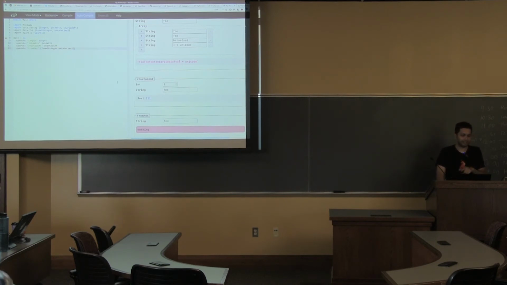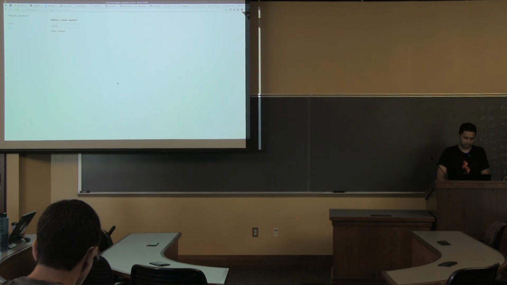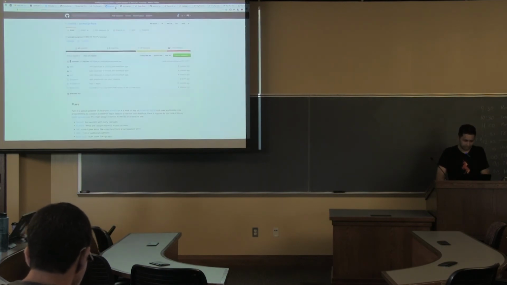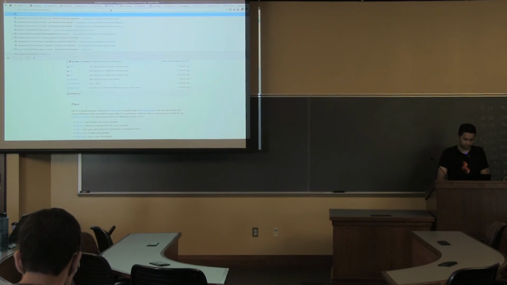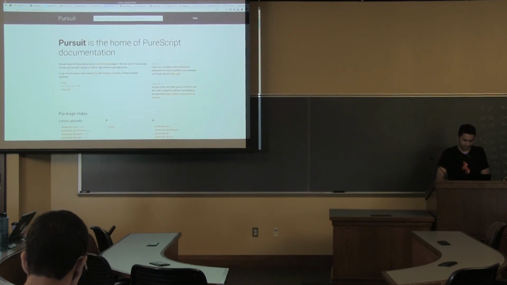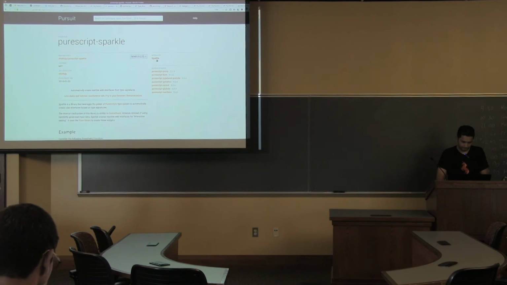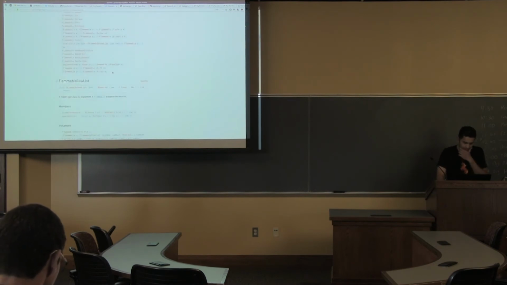So I'd like to leverage something like this in order to build that UI generically. And I dug around in the code, and actually, let me just bring this up in Pursuit. Sparkle has instances for a row to list.